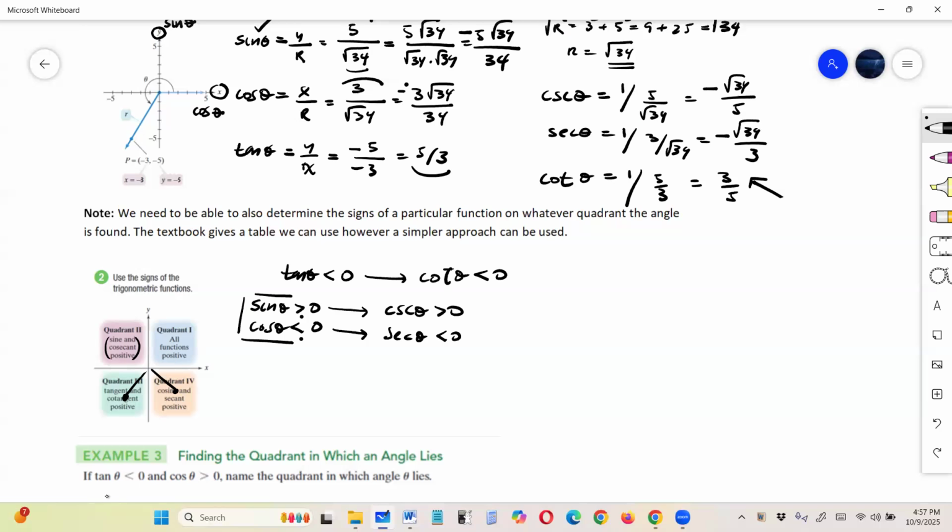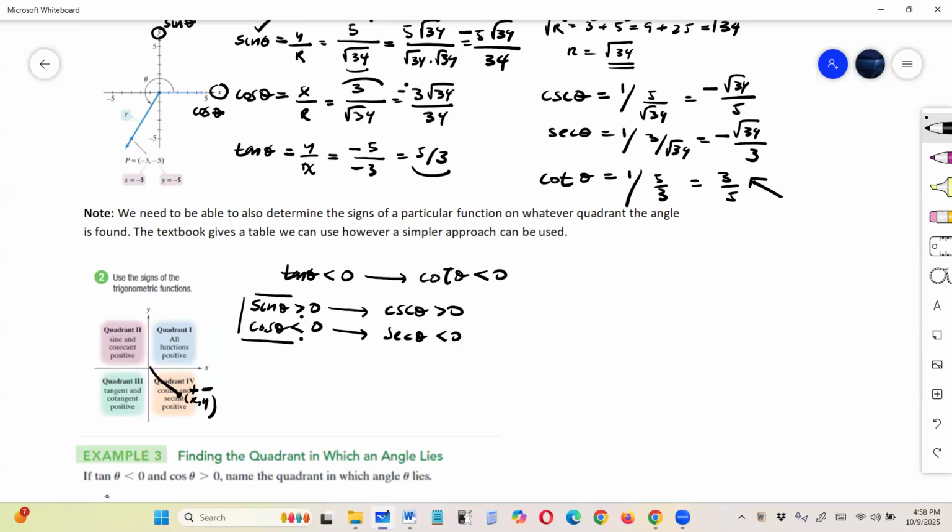All right, so you can do the same thing on quadrant three and quadrant four. Let's just take a look at quadrant four real quick. I'm not doing quadrant three because we've done it in the previous example. Let's say I have a point right here, x, y. In here, the x coordinate is positive, y coordinate is negative.